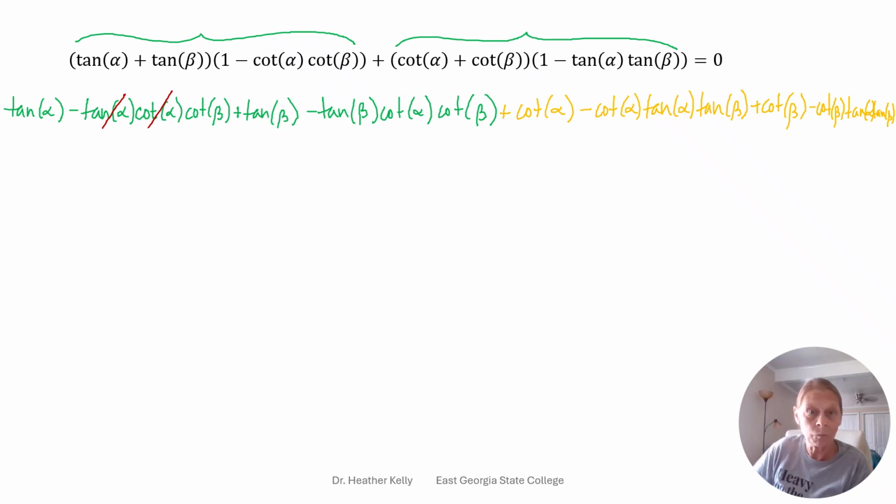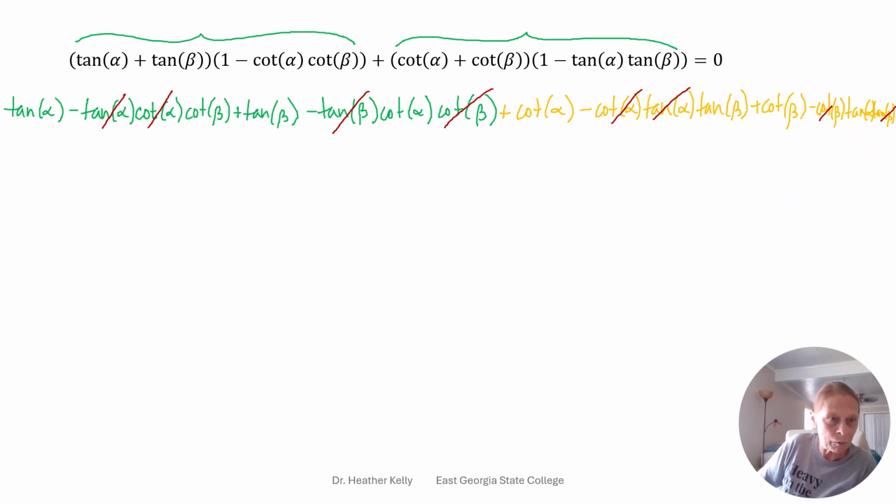Here we have tan beta and cotan beta. Angles are the same, they cancel out. Here we have cotan alpha and tan alpha, so they're going to cancel each other out. And here we have cotan beta and tan beta. You can't tell because it's terrible, but there we have it.